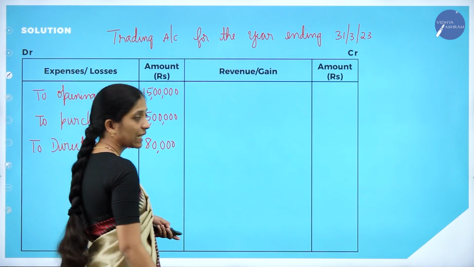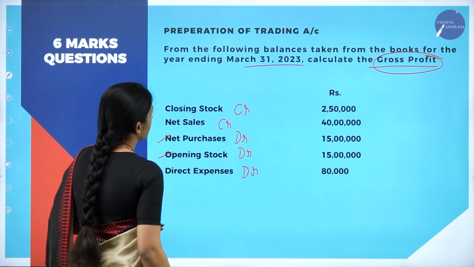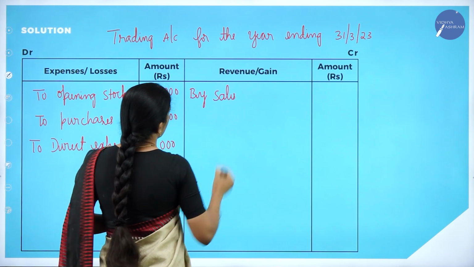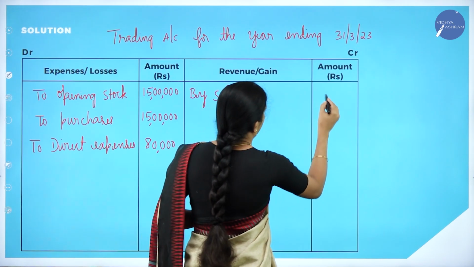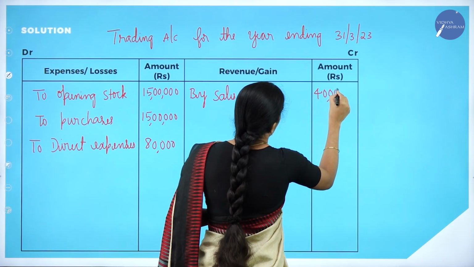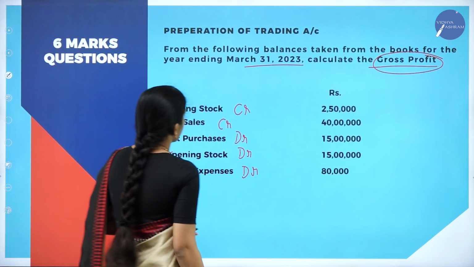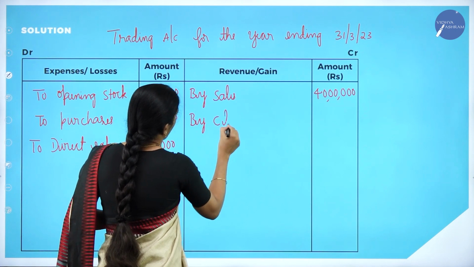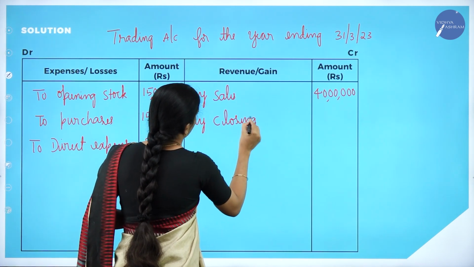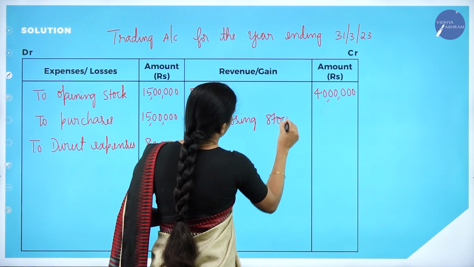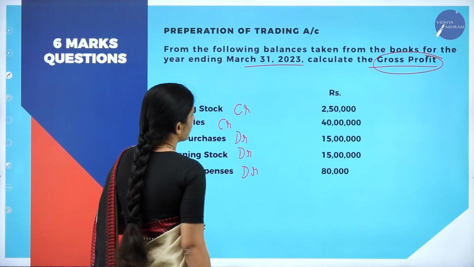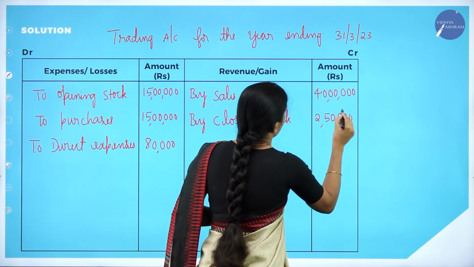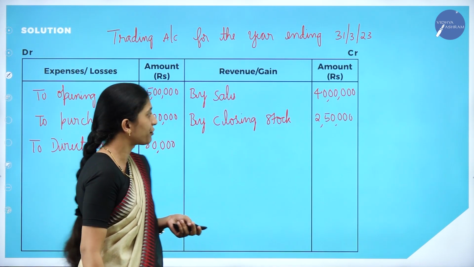Next, coming to your credit side, we have sales. So by sales is 40 lakh. They have not given the returns, so you can write it directly. By sales, and by closing stock, that is 2,50,000. If you see the credit side, it is 42,50,000.